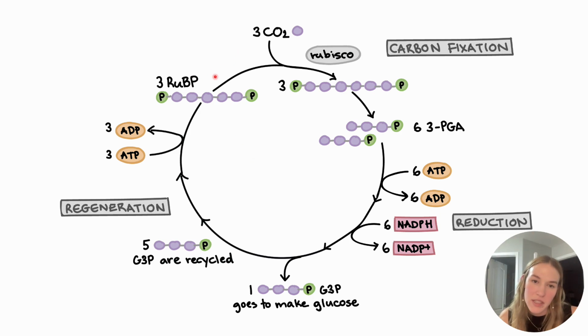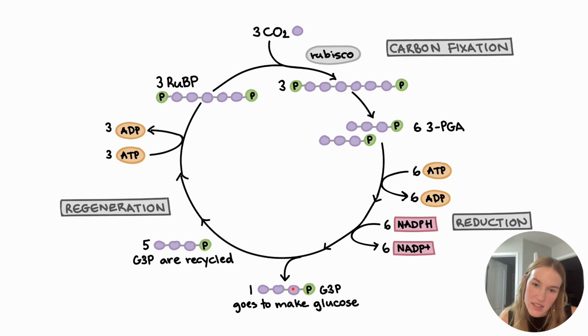Well, RUBP is 5 carbons, so that would be 3 times 5, that's 15. And then 3 CO2, there's 3 carbons for 3 CO2. That means then we'll have 3 6-carbon molecules. And then that means we'll have 6 3-carbon molecules. We spend some ATP, we spend some NADPH.